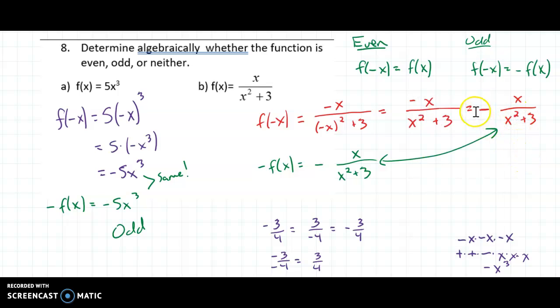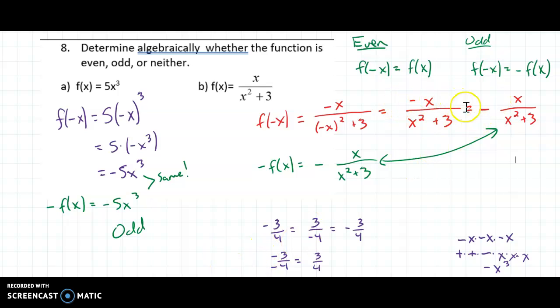And in case you didn't like what I did here, I'm going to quickly talk about why I can pull that piece out. If I have negative 3 over 4 or 3 over negative 4, then that is just a negative 3/4. I have 1 on the top or 1 on the bottom, I can move it out front. That's what I did here. I just had the 1 on the top and I moved it out front.